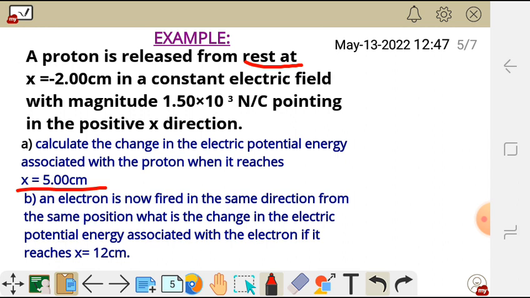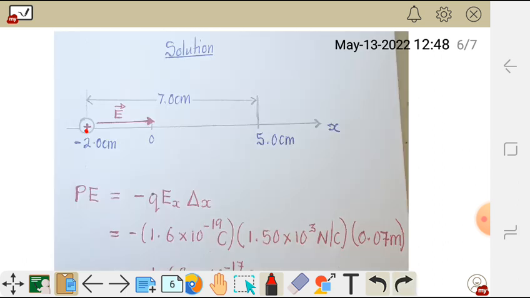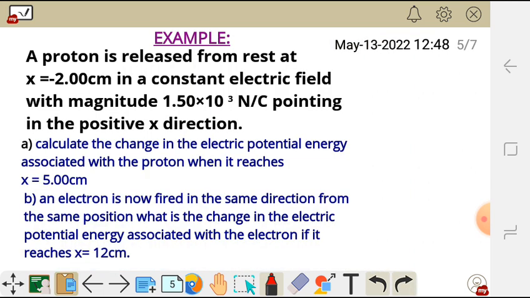So to solve this question, we need to draw a diagram to illustrate what is happening. They are saying we have a proton which is at rest at x equals -2. So we're going to show that on a diagram. We have a proton initially at rest at x equals -2 centimeters, which is now fired in an electric field, and it reaches x equals 5.00 centimeters.